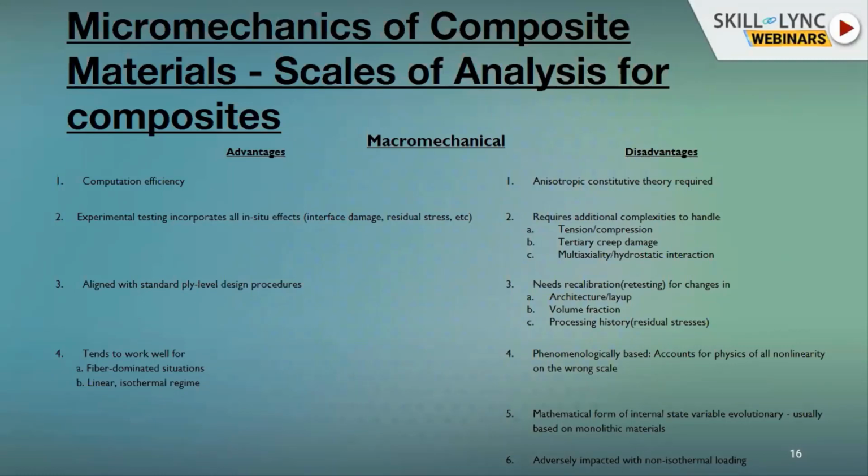It could be based on standards such as ASTM or ISO standards. These testing procedures will define the dimensions of the sample and the loading rates. Based on this, the experimental investigations will be done at a macromechanical level.